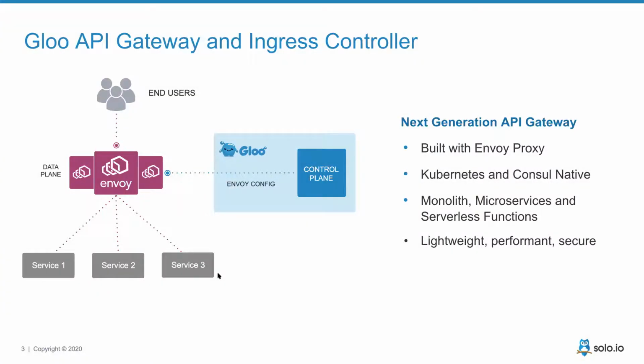If you're new to Gloo, I'm just going to give a really quick background. There's a ton of content on our website and on our docs to dig in. But for the purpose of this, the key thing about Gloo is, Gloo is managing a proxy that sits at the edge of your application. That's Envoy, in this diagram on the left-hand side. So the responsibility of Gloo is to push configuration to Envoy.